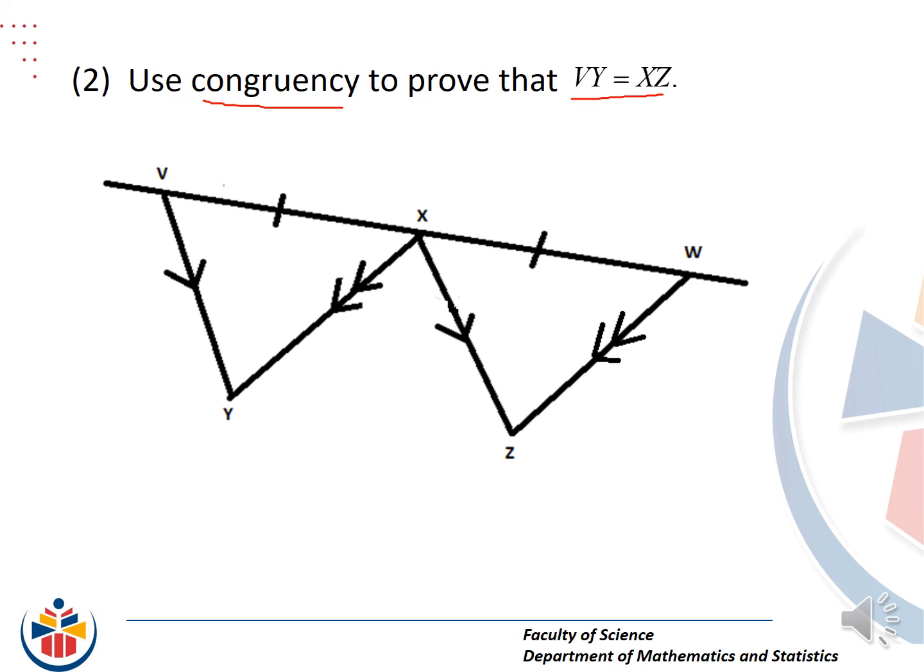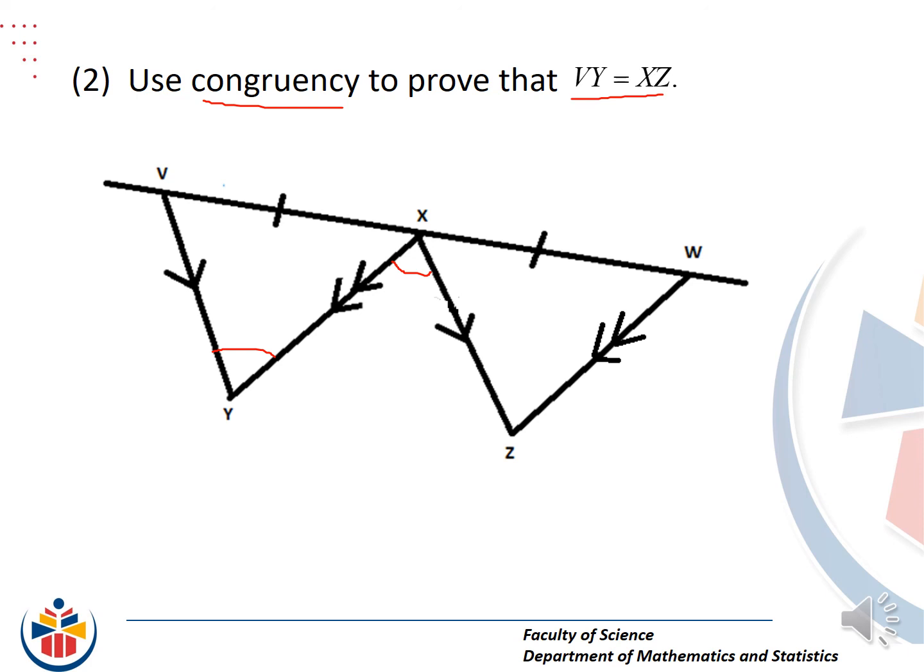Now, what I can pick up from here are parallel lines. From the parallel lines are alternate angles. The first one is this one, angle Y and angle YXZ, because of VY parallel to XZ. I get angle VYX equal to angle YXZ.